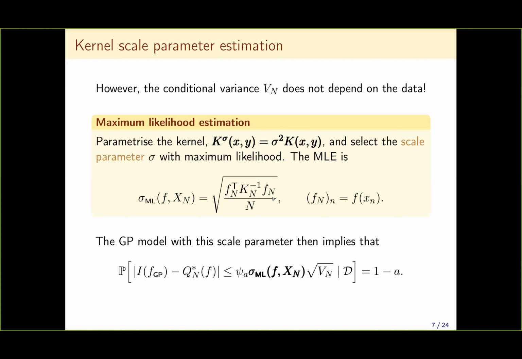It is just a certain weighted inner product where we have a vector of our data values and the inverse of the kernel matrix. If we use this scaling parameter in the GP model, then we obtain this kind of a credible interval, where on the right hand side we have weighting by this scale parameter. So now the size of the credible interval depends on our data.